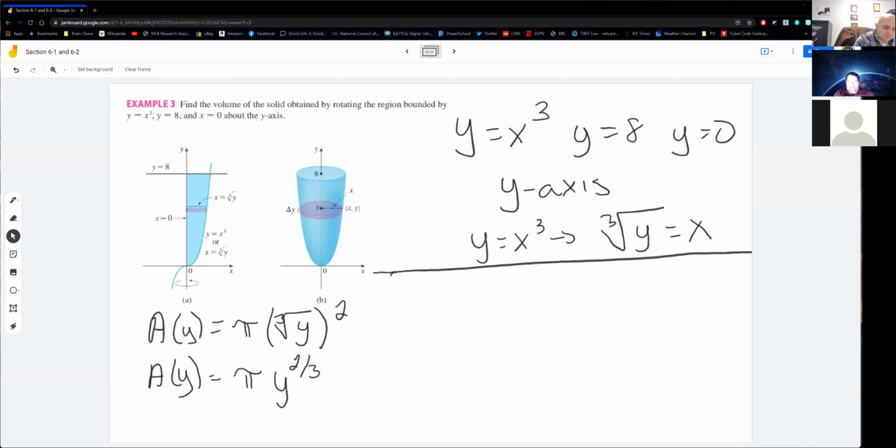Now we're going to do the exact same thing. So we're doing the integral from 0 to 8 of pi y to the 2/3 dy.